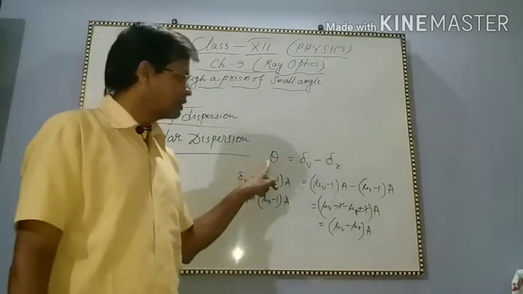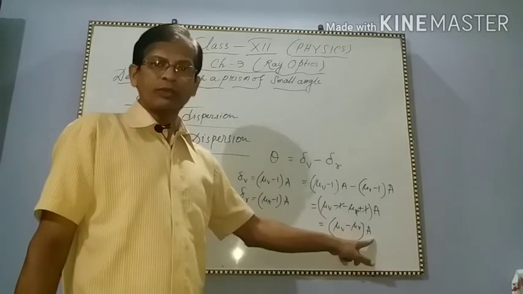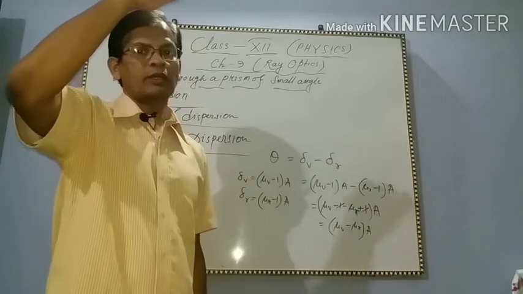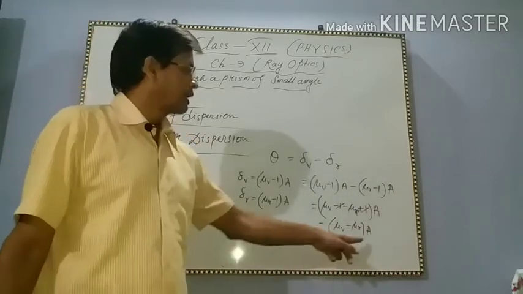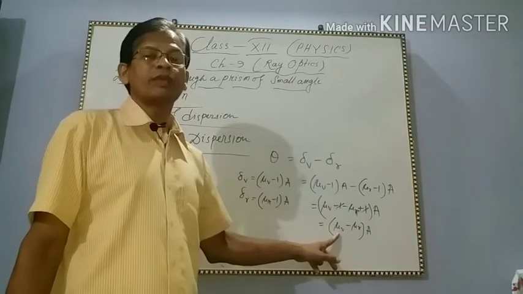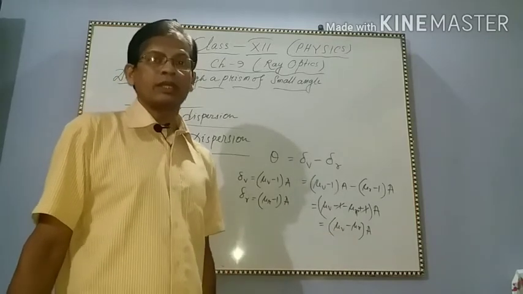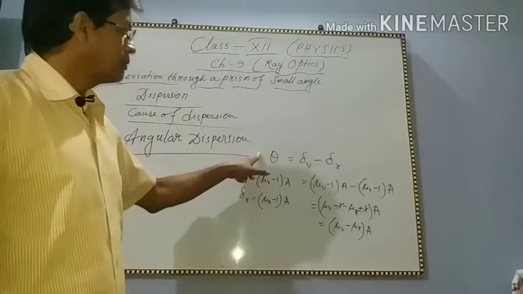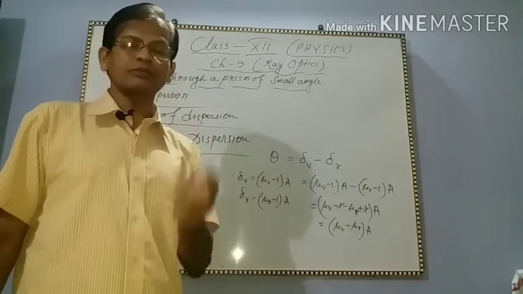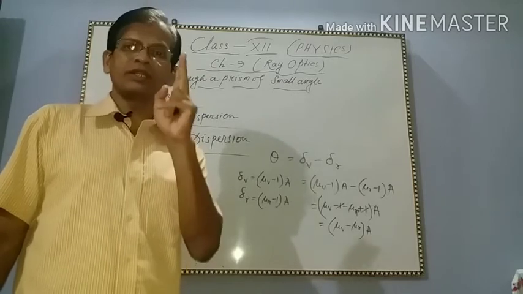So angular dispersion depends upon the angle of the prism, meaning the top vertex angle, and the prism material, that means the refractive index.